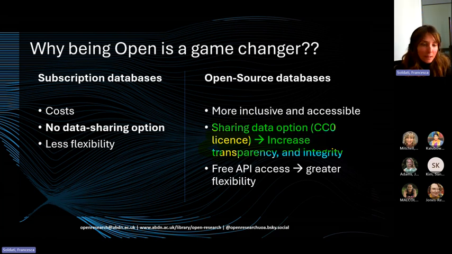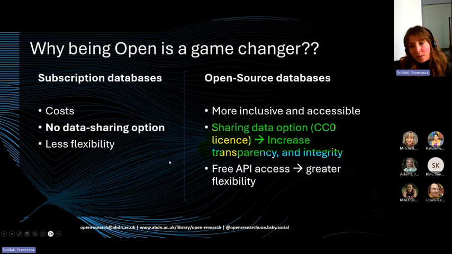This means you can really take the data, use it, share it, and build upon it. You can do everything that you want. And it's a good thing because it increases transparency and integrity of the research, as you will be able to share everything openly.